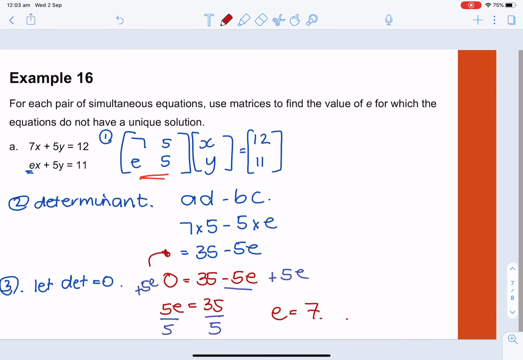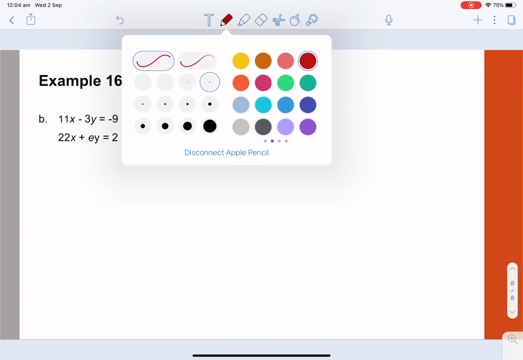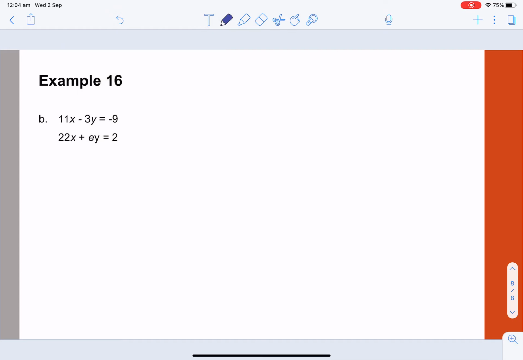Part B. 11x minus 3y equals negative 9, and 22x plus ey equals 2. So I'm going to use the same concept that I've just used in the previous part of question 16. I'm going to go back to blue. Blue's nicer than red. So I'm going to write it in matrix form.